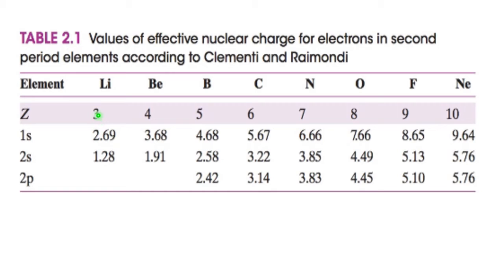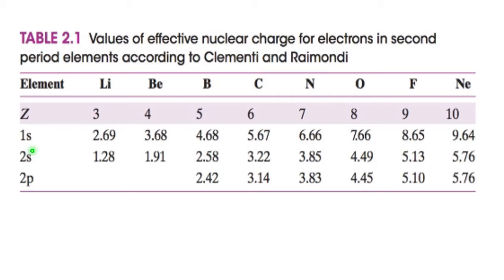So instead of 3 for lithium, you have 2.7. Instead of 4 for boron, you have 3.7, and so on. So for neon, you have 9.6, even for 1s.